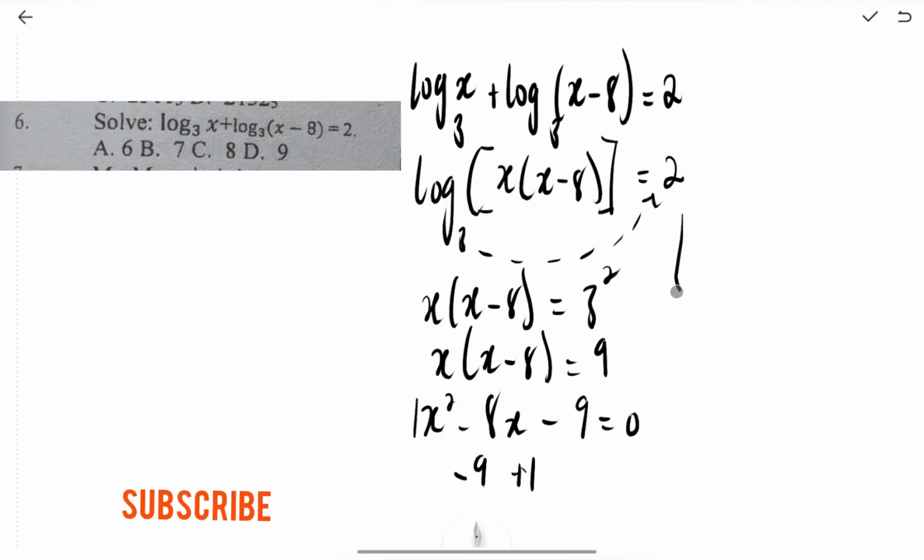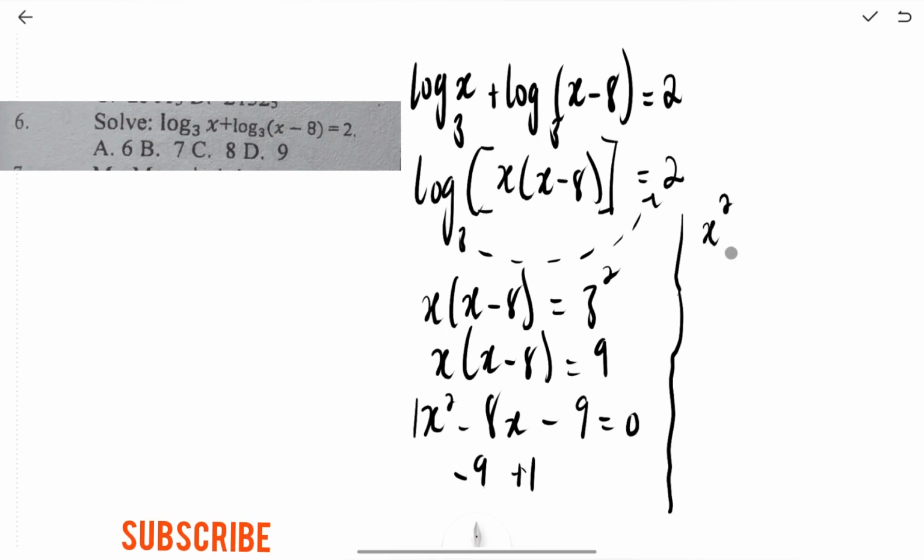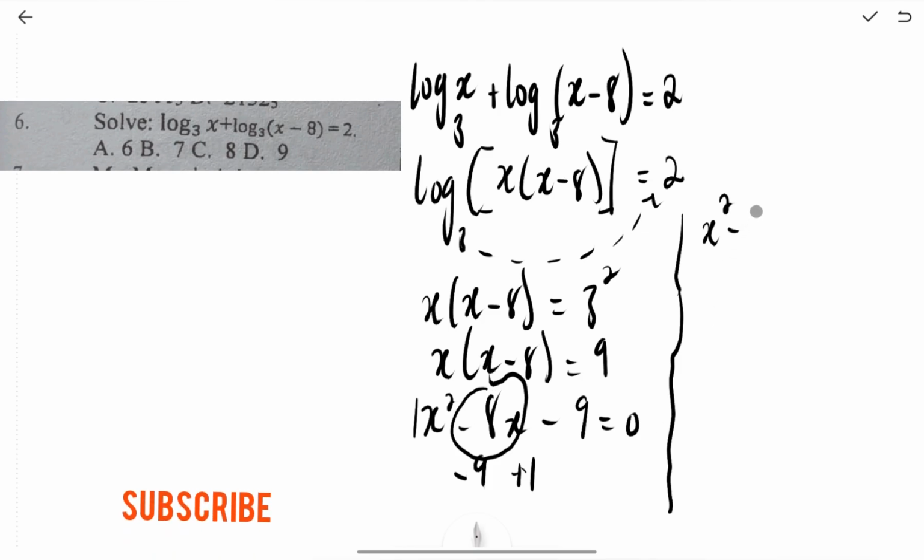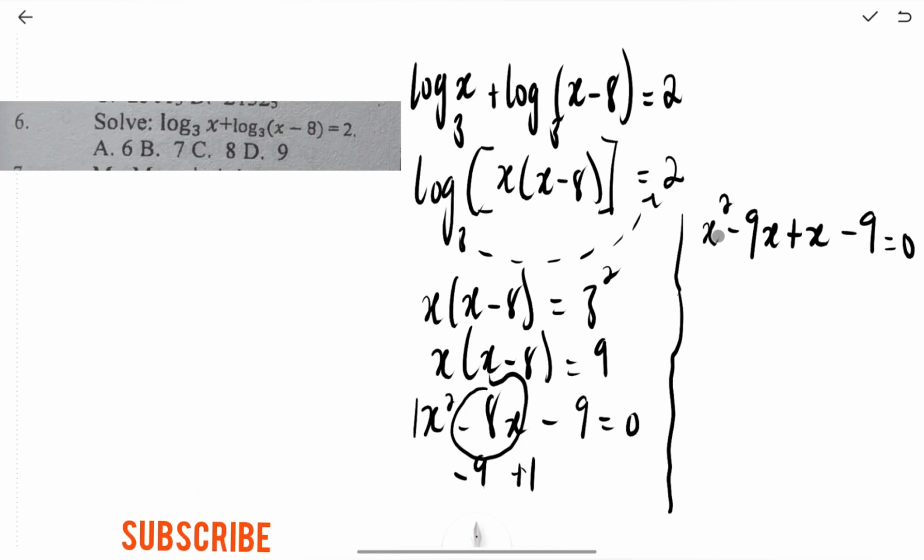So now we put it into the expression. x squared remains, then the middle term we get rid of and replace with our new terms, minus 9x plus x. We can reverse it: x can come first, then 9 comes. It's still the same thing. So minus 9 equals 0.